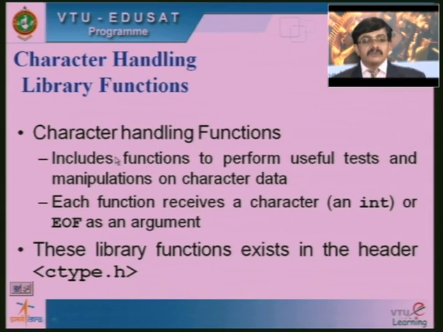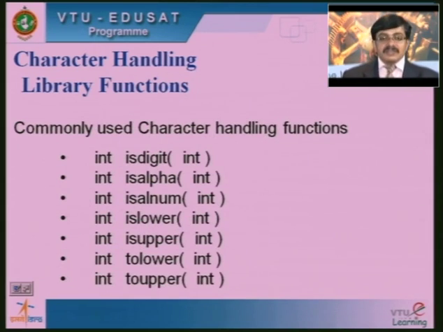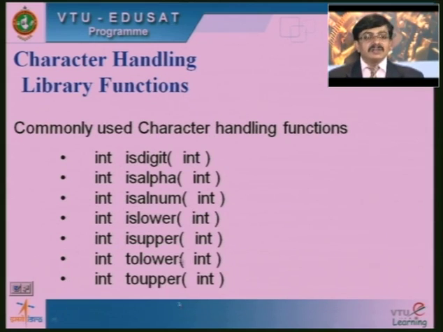Let us see a few functions which are essential, or commonly used in programming. These are a few library functions of ctype.h. In that header we find these along with many other character handling functions, but here I have listed only the commonly used ones.